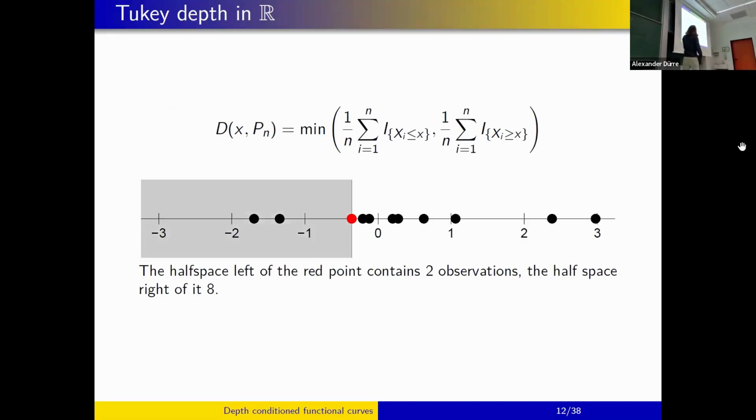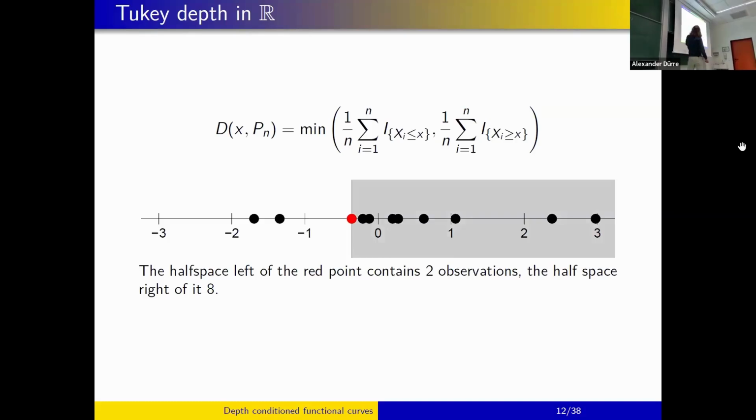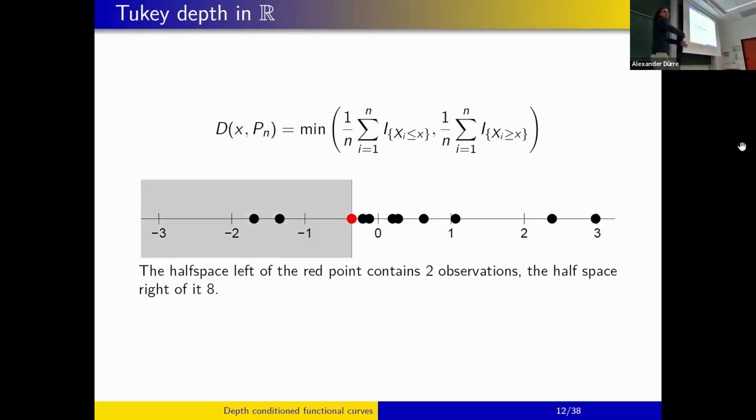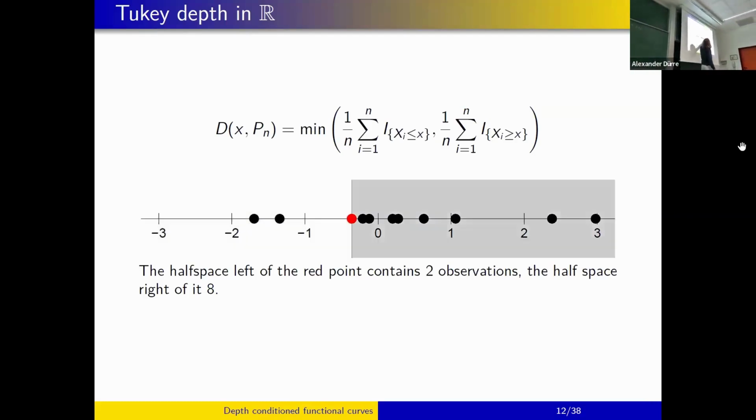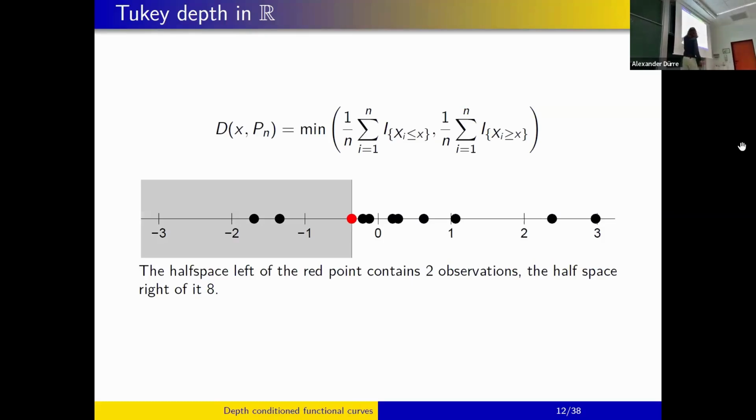You split your observation space into two halves, the left side and the right side. Then you count the data points on the left and on the right, and take the minimum of it. So the minimum would be here 2, and here a lot more. So this is the minimal half space. And the data depth is 2 over 11, I'm not sure how many data points I've sampled.